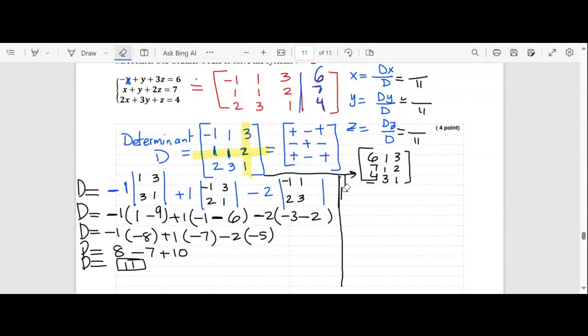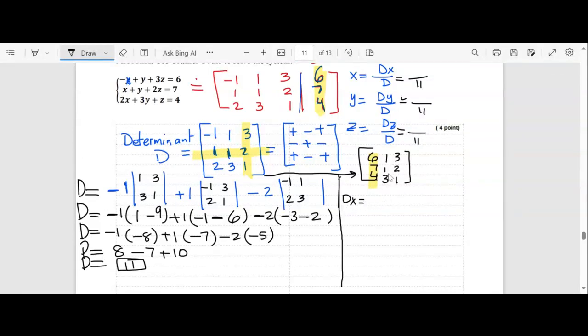That's the first thing before we get the determinant, is to get this matrix. Now the question comes here, where did I get 6 and 7 and 4? I got it from here. Okay? Now, to get dx, what should I do?